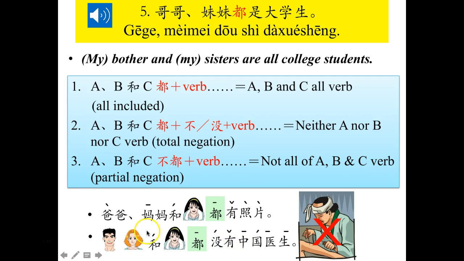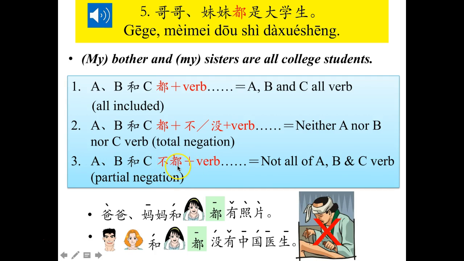Or, none of them have a Chinese doctor. 王鹏、李友和白英爱都没有中国医生。好, now, basically you need to learn these two things. The third one is called partial negation, which we don't usually cover in this lesson, but just for your information.